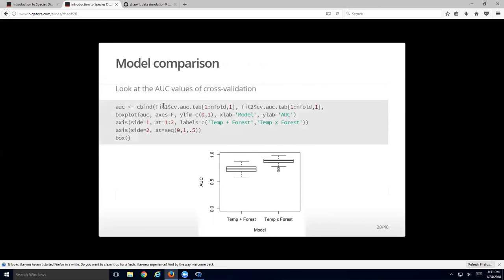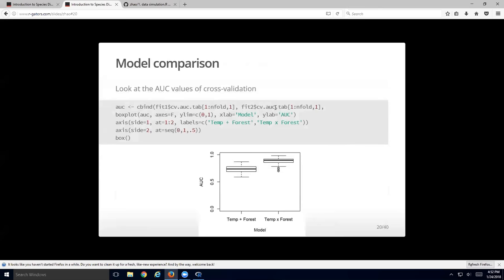And when I compare the AUC value of these, you can see that the one that considers the interaction between temperature and forest has overall higher AUC value than the additive model, which means the interaction is important. Basically, this part will give you the AUC value for the additive model.